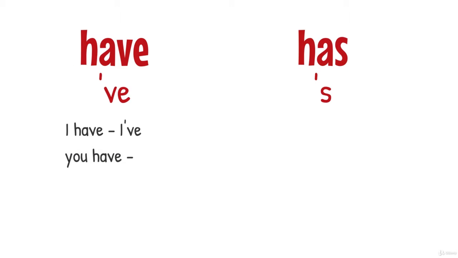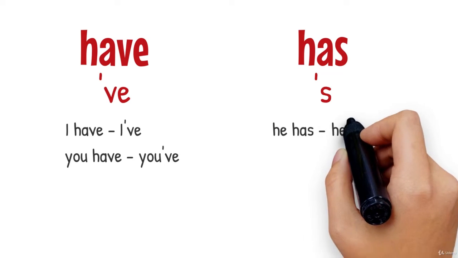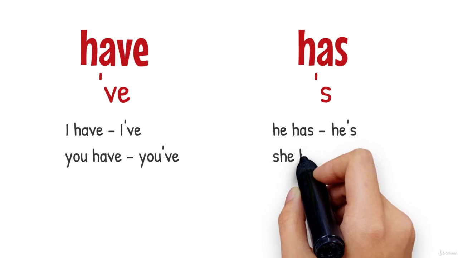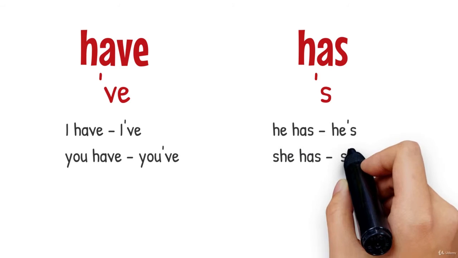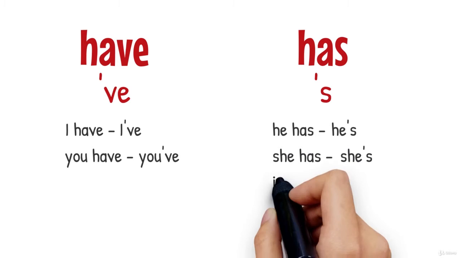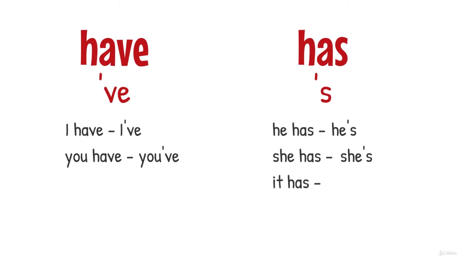The auxiliary verb have in present perfect is often contracted. I have, I've. You have, you've. He has, he's. She has, she's. It has, it's.